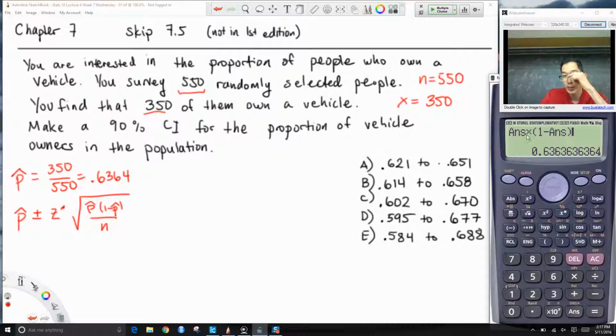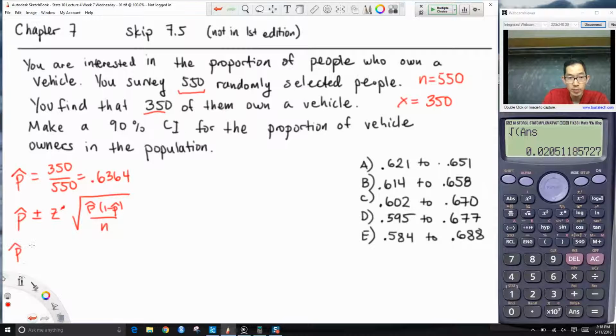So I'm just going to do answer times 1 minus answer, divided by n, which is 550. I'm going to take the square root, and this will be my standard error. So I have p hat plus or minus z star times 0.0205.